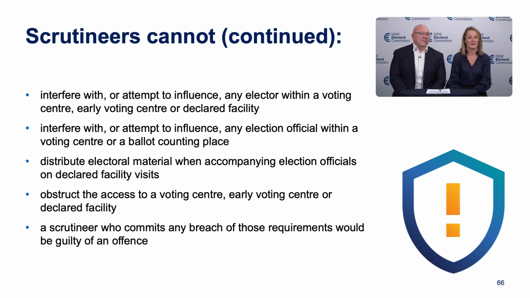Scrutineers may not interfere with or attempt to influence any elector. They may not interfere with or attempt to influence any election official. They may not distribute electoral material when accompanying election officials, or obstruct the access to voting centres, early voting centres or a declared facility, and a scrutineer who commits any breach of these requirements may be guilty of an offence.